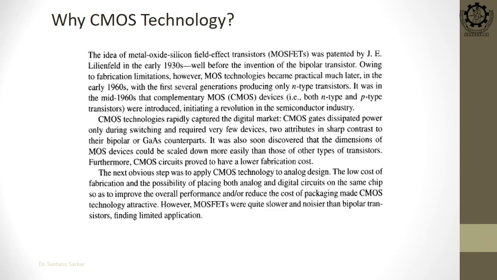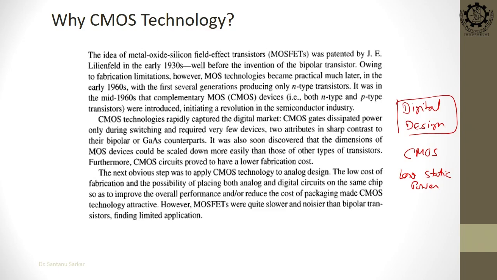So, for digital design, this CMOS technology is very much suitable. Okay. Why? Because in CMOS what we have seen, complementary, each gate is made up of PMOS and NMOS. So, if one is on, the other is by default off, right. So, we have low static power, that advantage we are having, right.